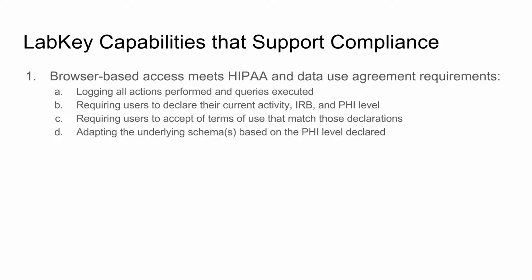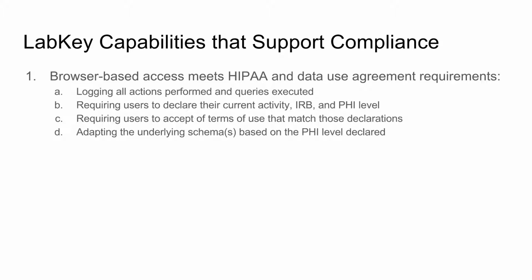Some of those features include LabKey's ability to log all the actions performed by a user and the queries executed by those users, requiring users to declare their current activity, their institutional review board number, their level of protected health information that they require for that activity, and then requiring users to accept terms of use that match those declarations.